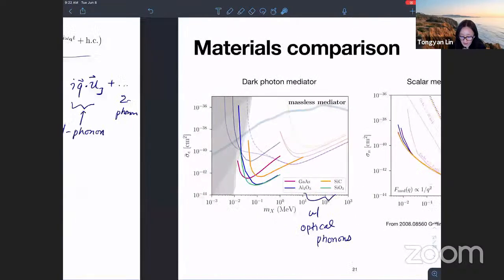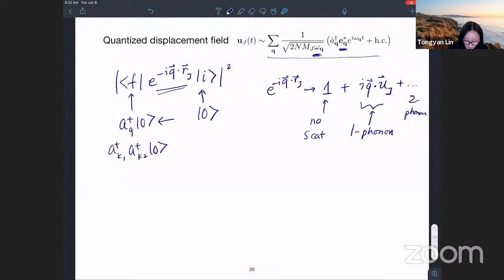So let me go back and write this single phonon structure factor down.